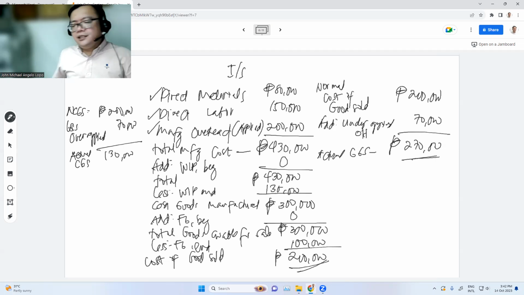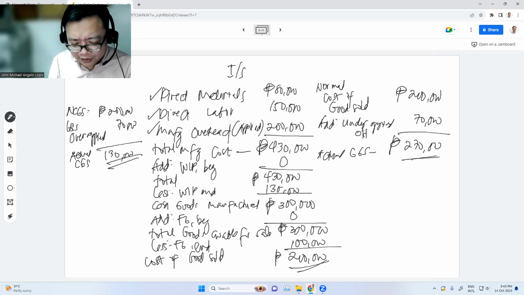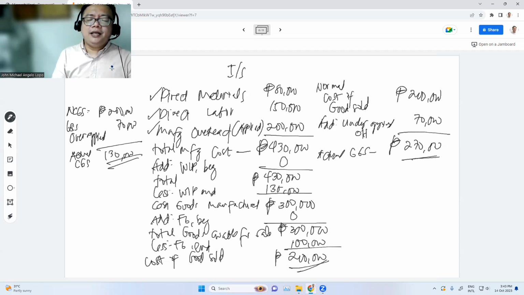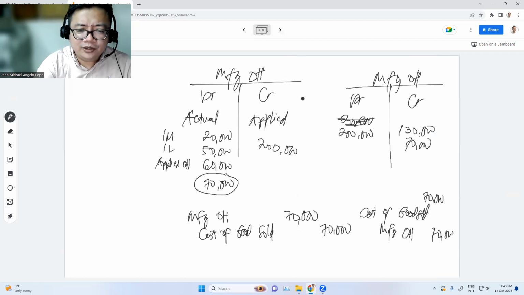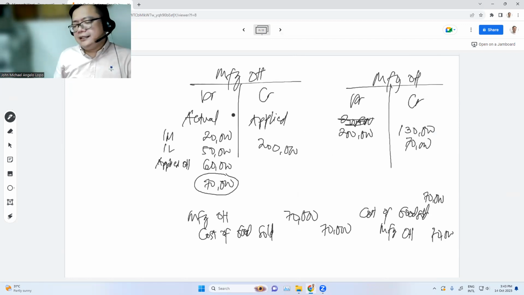Okay. So that's the thing that we need to consider, particularly for our cost accounting, particularly for our job order costing system. So that at least we can understand how to record it, for me it is better this way: use only one manufacturing overhead account. Because you might get confused.